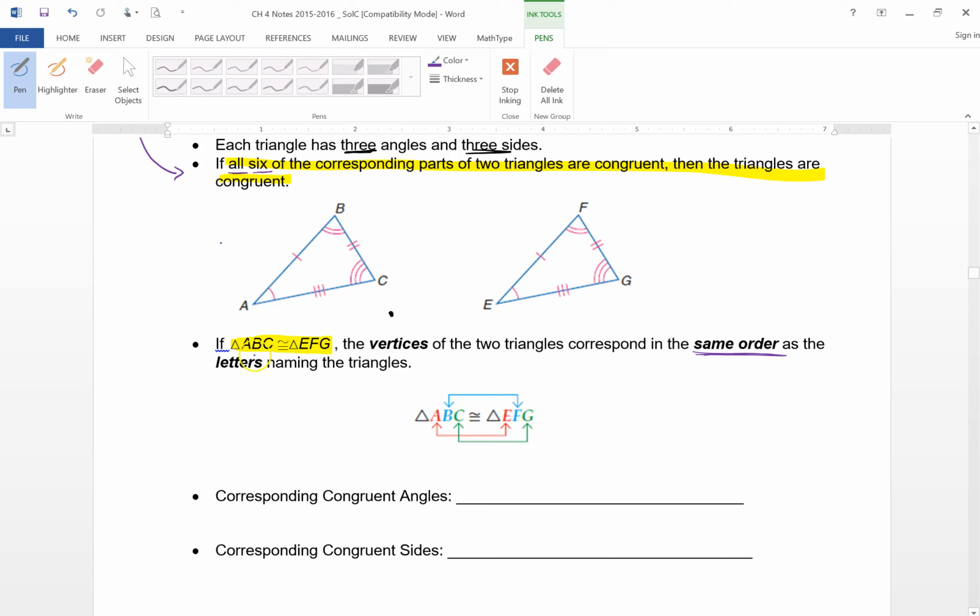So if triangle ABC is congruent to triangle EFG, that means if A comes first here, it's congruent to the first letter of the other one, which is E. If B is the middle one, it's congruent to the middle one of this, F. If C is the last one, it's congruent to the last one here, G. So this is called a congruence statement.